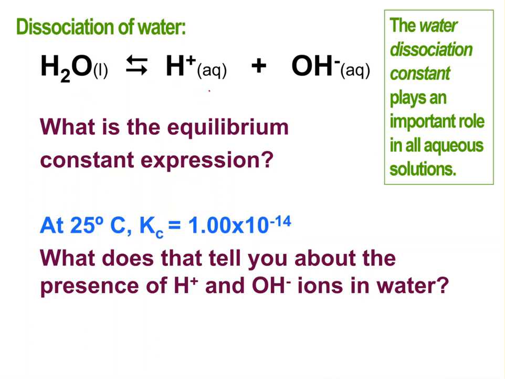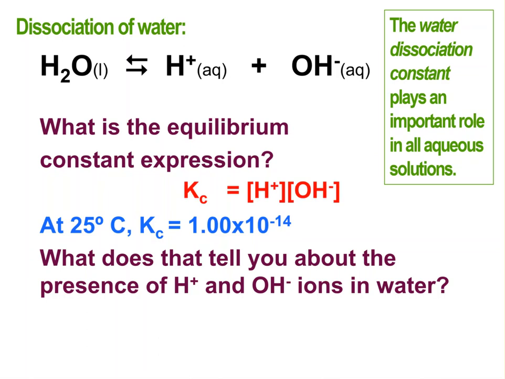Very little of the water is in this ion form at equilibrium. When we get its equilibrium constant expression, we would put products over reactants, but the reactant is a liquid, so remember we leave that out. So we're just going to have this for our Kc.